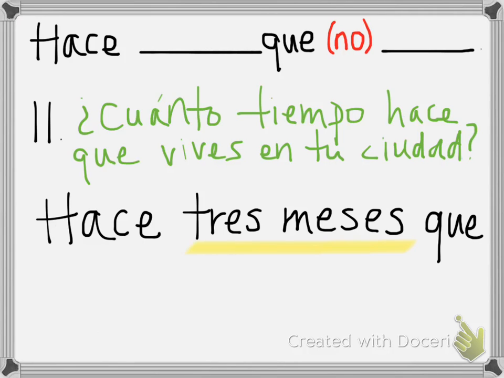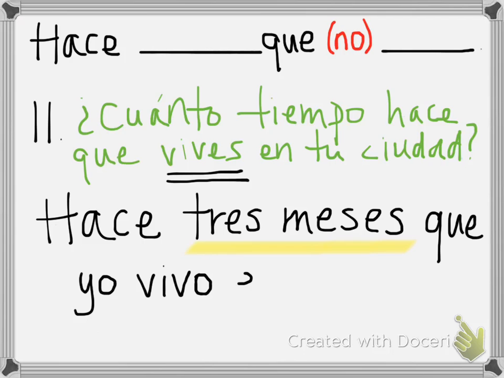Right, and now this is where you're going to have the same thing as me as far as the subject and the verb. Okay, so here I have my subject, which is yo. Remember the question we have vives, okay? However, that's in the tú form. So I need to change this to the yo form because I'm talking about how long I've been doing something. So, que yo vivo in, now I could get specific here, okay, because I live in Brookfield. So I could put in Brookfield.